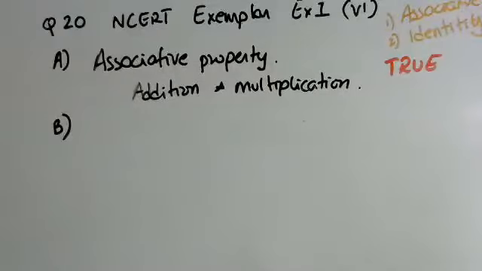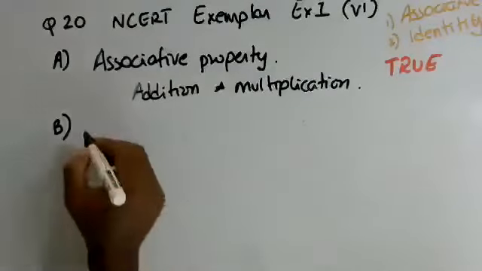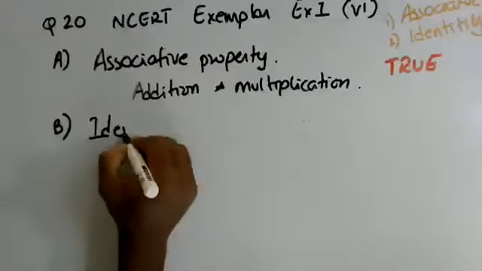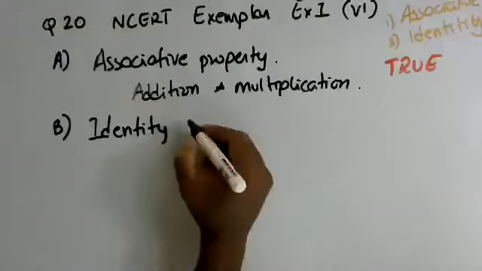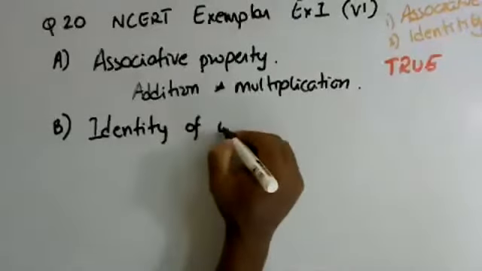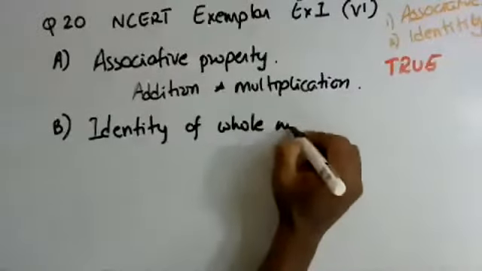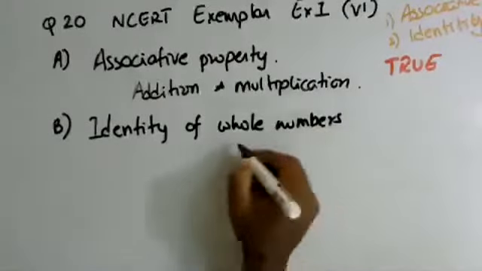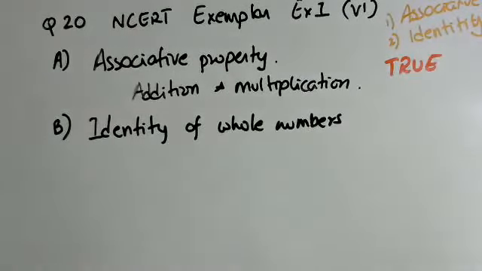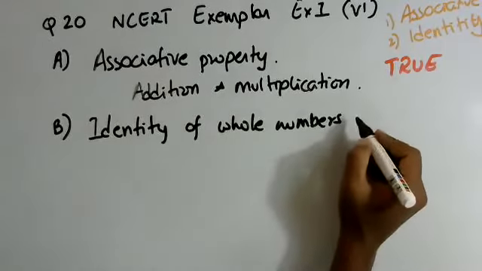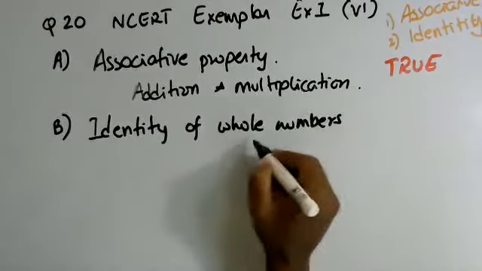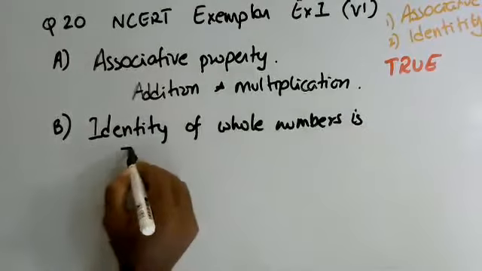So the next statement is: 0 is the identity for multiplication of whole numbers. Okay, so here we come to the identity function. And I like this word identity. Identity of whole numbers is 0.